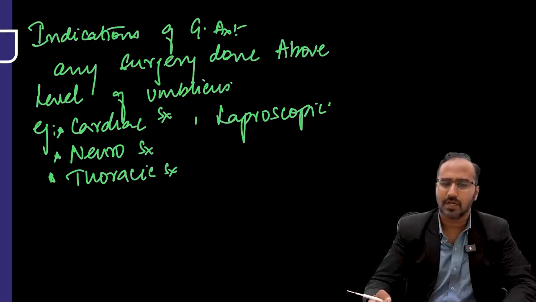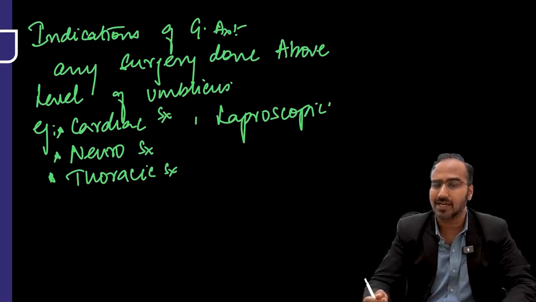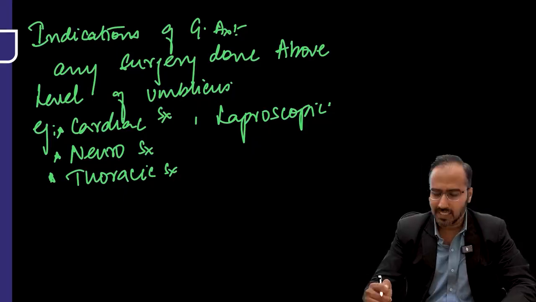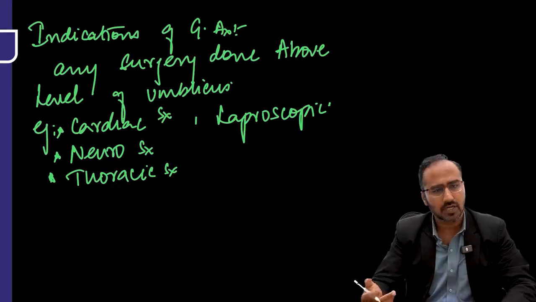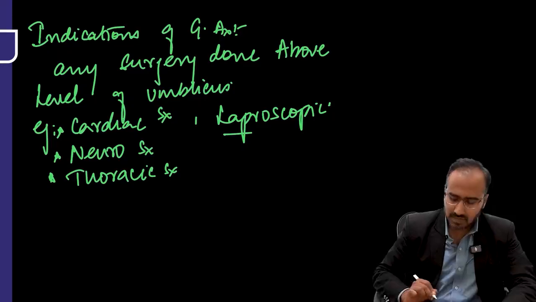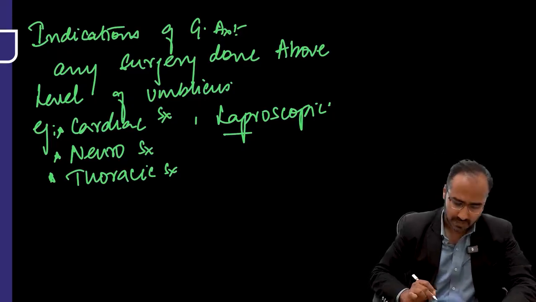Laparoscopic can also be, if you know lap appendix is there, it can be done under spinal, but again it will cause some irritation due to the carbon dioxide gas. Hence, for all laparoscopic cases, it is preferred that we go for general anesthesia, okay? So, that's the indication of general anesthesia.